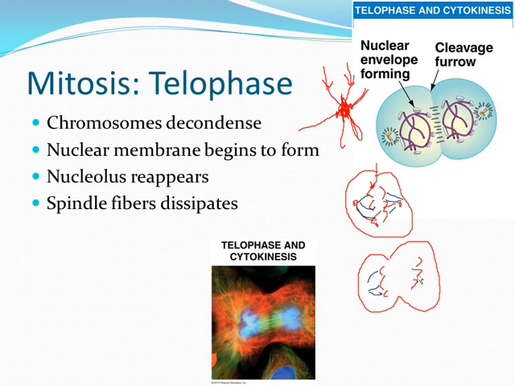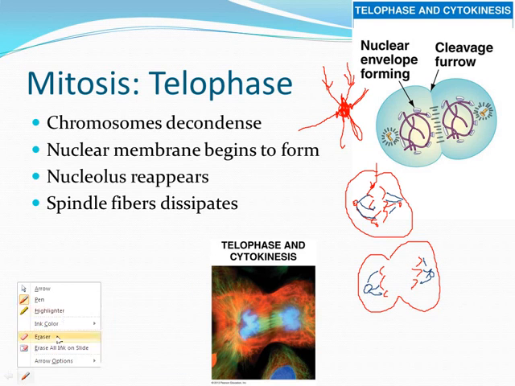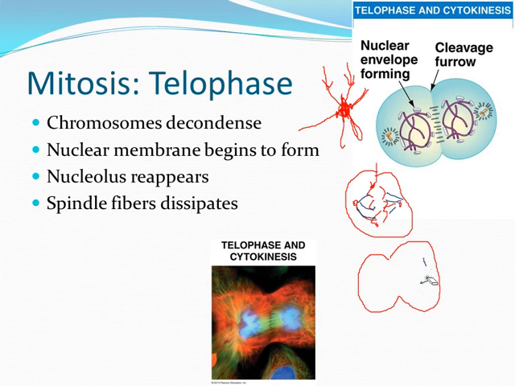I'm going to draw the centrioles and the centrosomes in blue. They get pulled apart, right? And at this point, this is anaphase. We're going to go into telophase, where we end up reversing the process of prophase. So what's happening here is we're reforming the nuclear membrane.